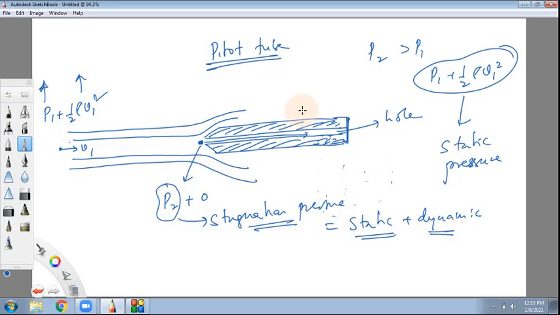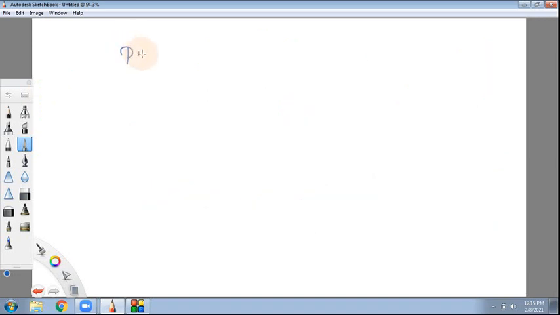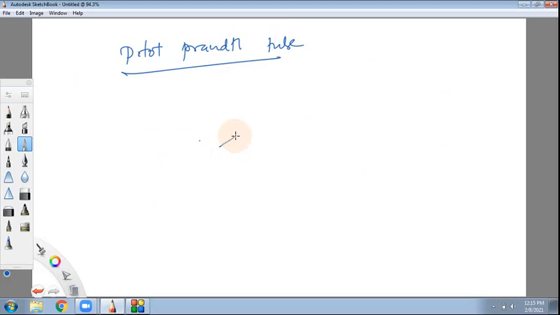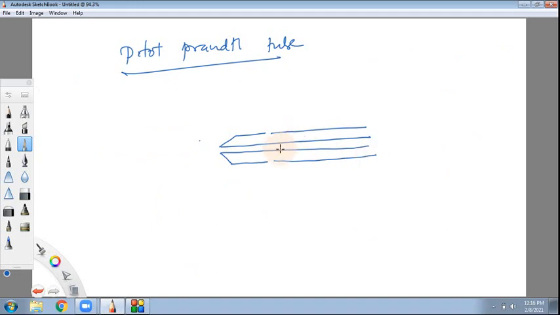Now there is an extra construction to a pitot tube to make it what is called a pitot-Prandtl tube. What you do there is, you have the same pitot tube, no difference, but it can have a small narrow hole there, and this will also have a small narrow hole here, or a series of holes can be there.